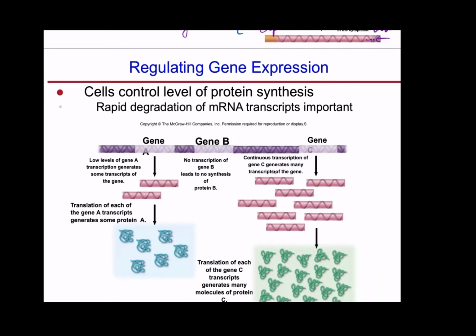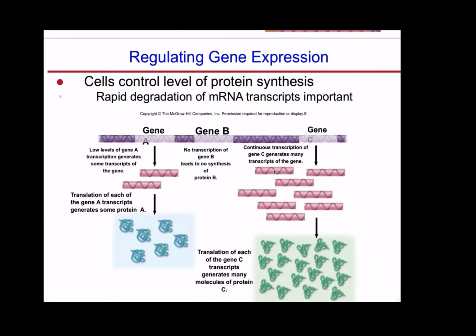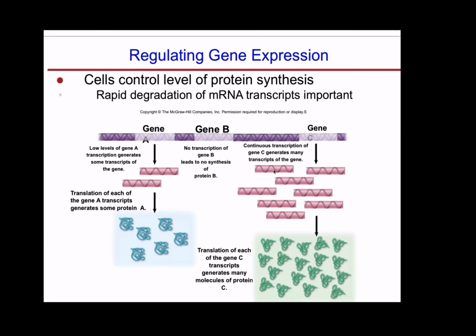Okay, so the next part, because now we saw how DNA looks and how it's expressed into proteins, there are other factors that you can compare between prokaryotes and eukaryotes. In this slide, they're just trying to show you how gene expression can be controlled.